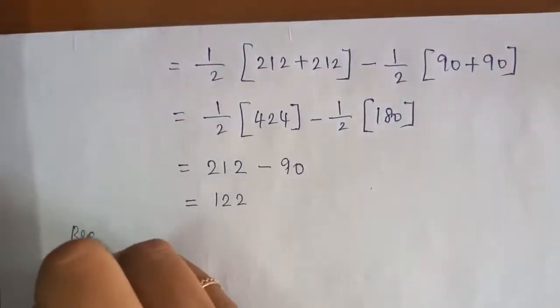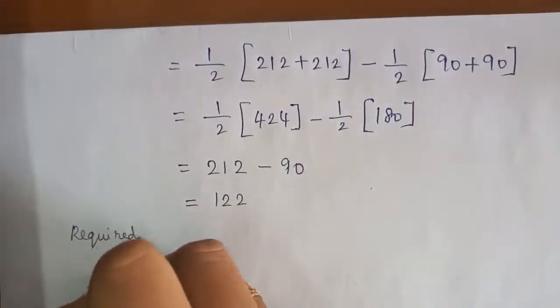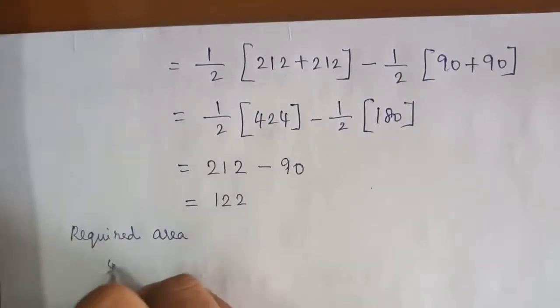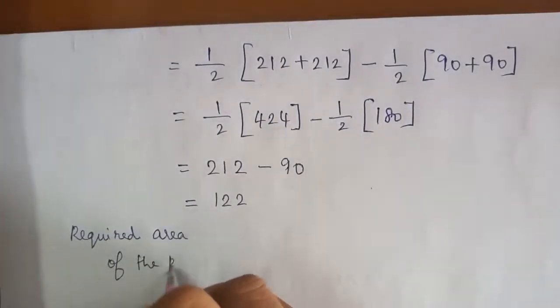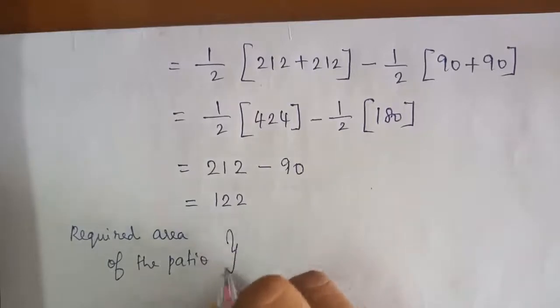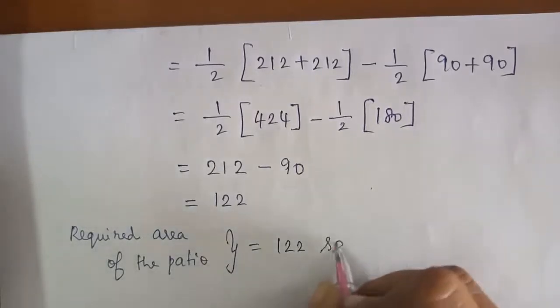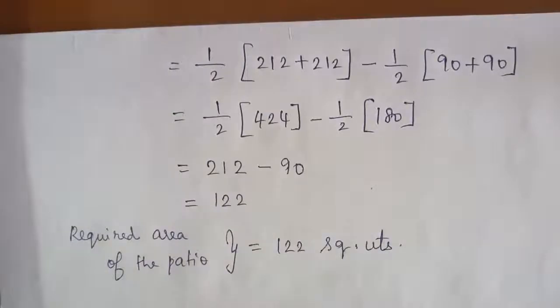Therefore, required area of the patio is equal to 122 square units.